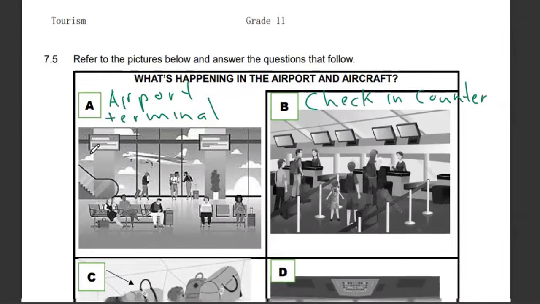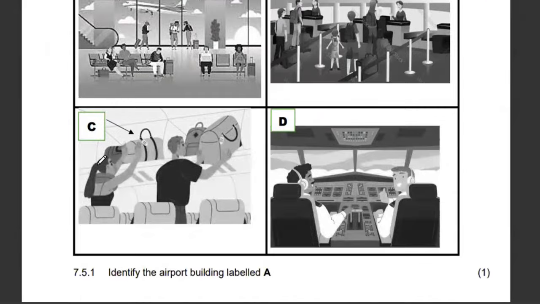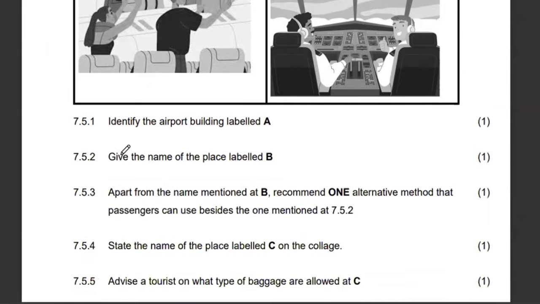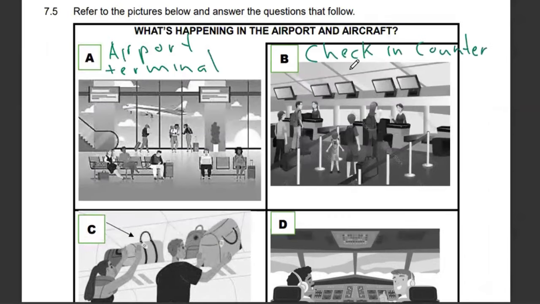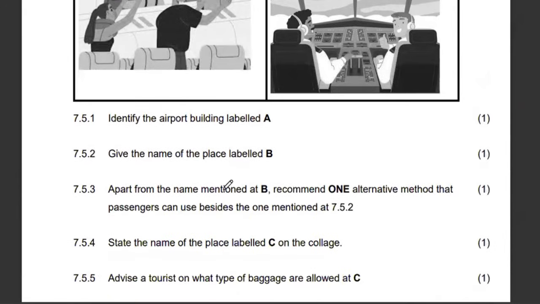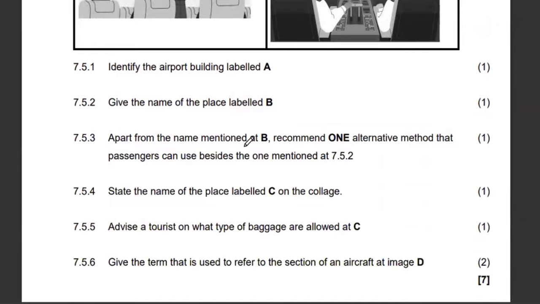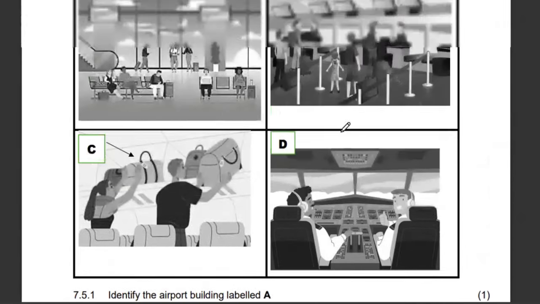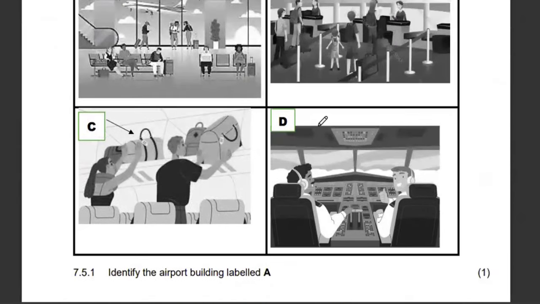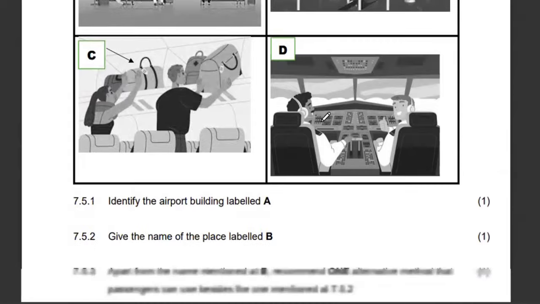Then moving on to C. In C, we do have passengers who are loading things. The name placed in B, that is the check-in counter. We have done that. Apart from the name mentioned in B, recommend one alternative method that passengers can use. That can be done online.